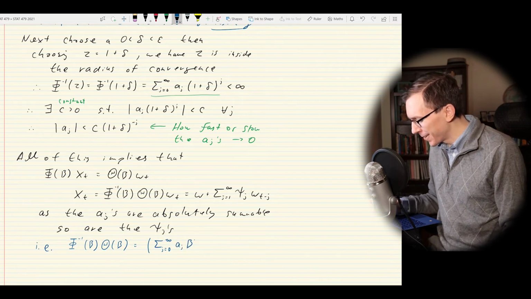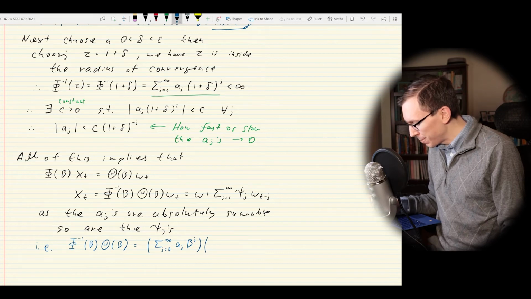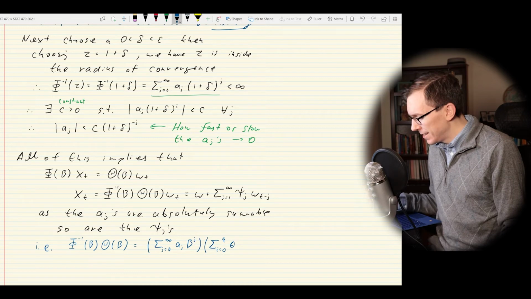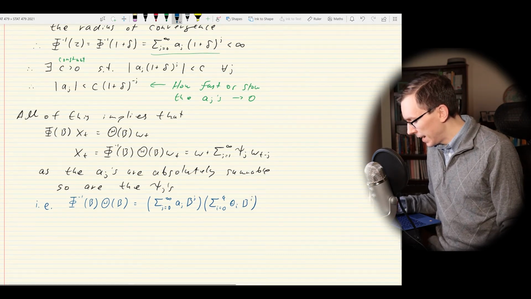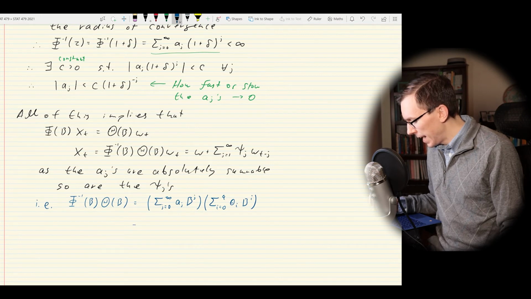We're summing a_j B to the jth power. And then we have the sum over i from 0 to q of theta_i B^i.